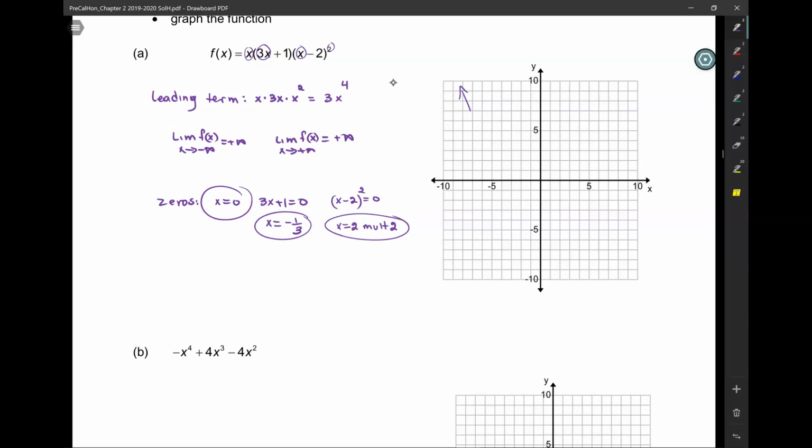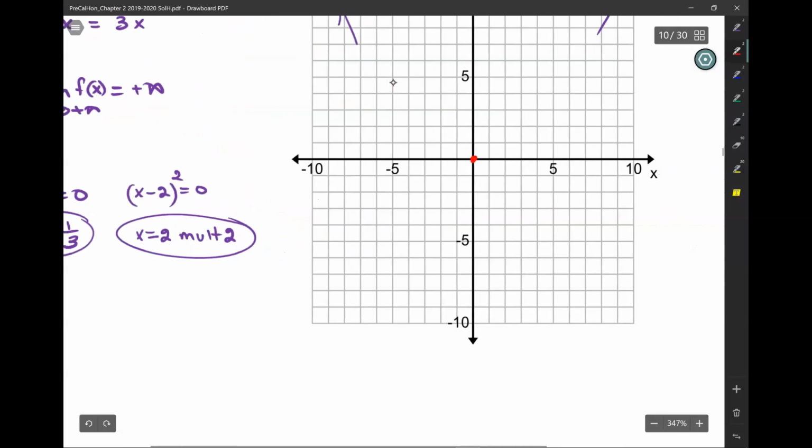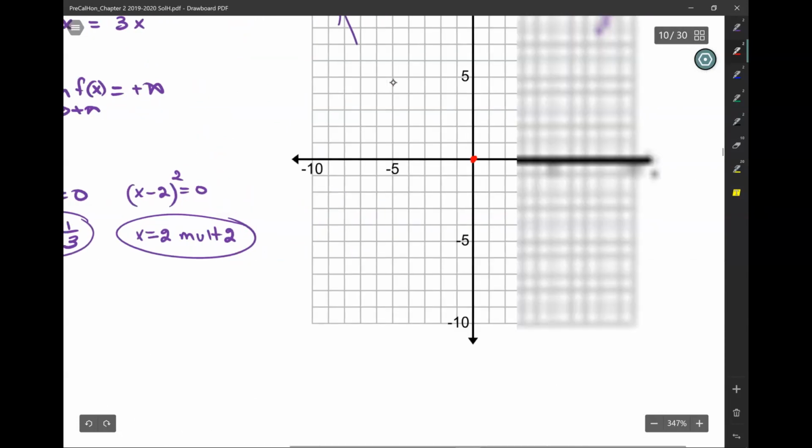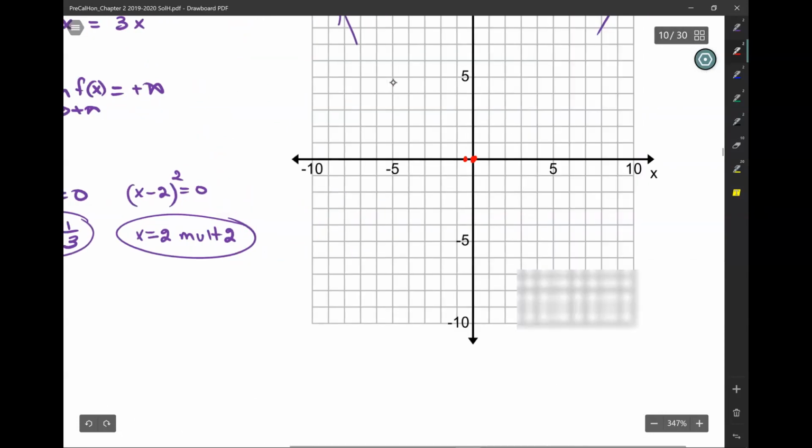On the right-hand side, this graph is also going up, so I put a little up arrow there. My zeros are 0, -1/3, and 2.